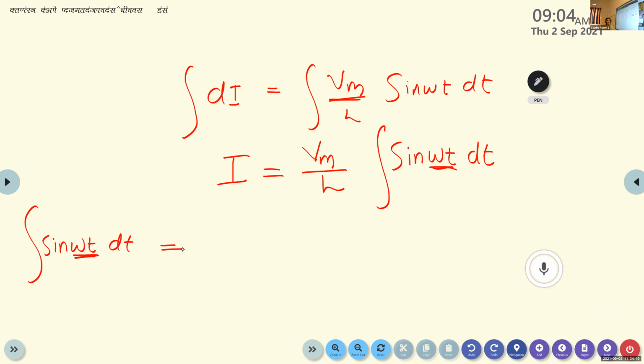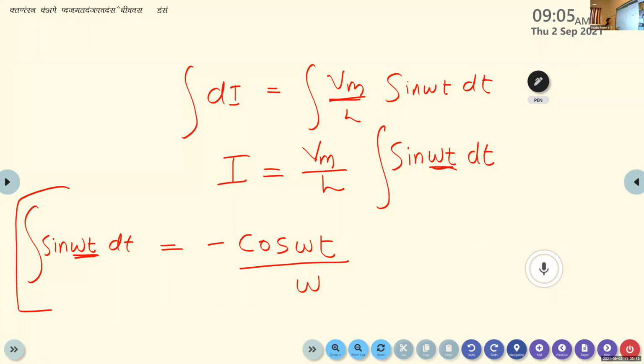Integral sin ωt dt. Minus cos ωt by ω. Yes, minus cos ωt divided by ω. So this is the solution of integral sin ωt dt.